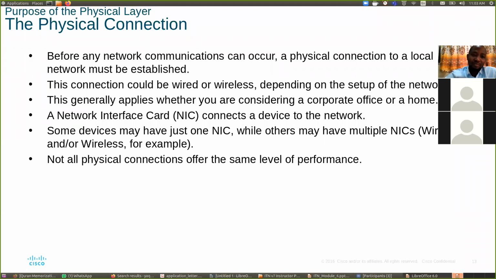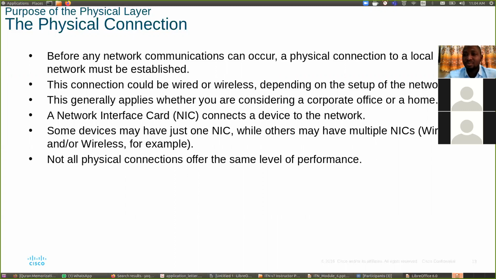So here we're talking about the physical layer. This is the physical connection. This is the lowest, the last level. That is the physical connection that happens. That means the cables that you use to connect and transmit signals, or the wireless medium, that is the physical layer.